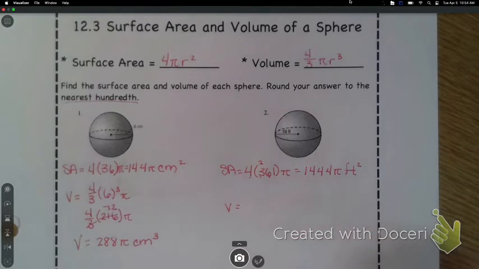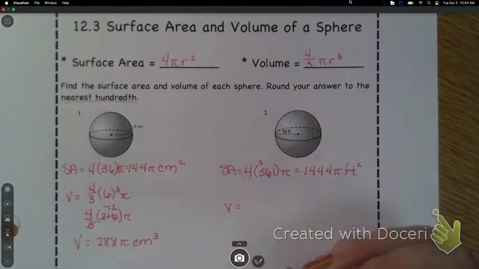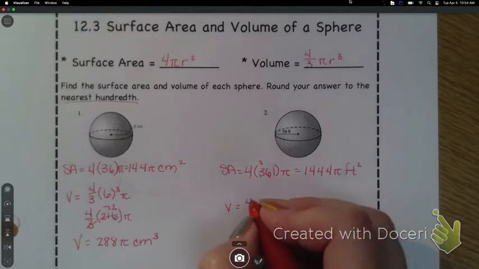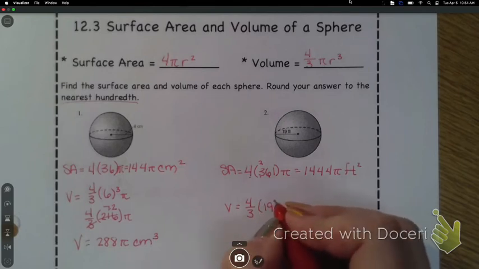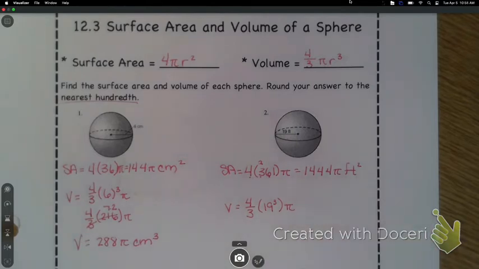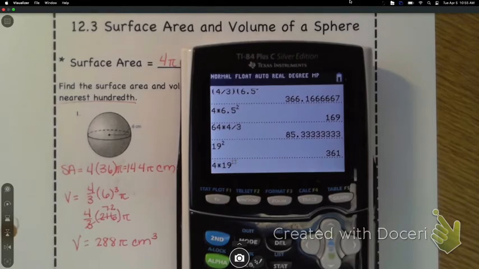So volume is what? 4/3 times 19 cubed, pi. So in your calculators, guys, if you just put 4 times 19 cubed divided by 3, it's going to give the answer.